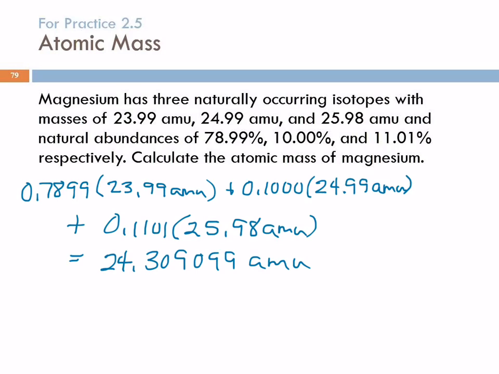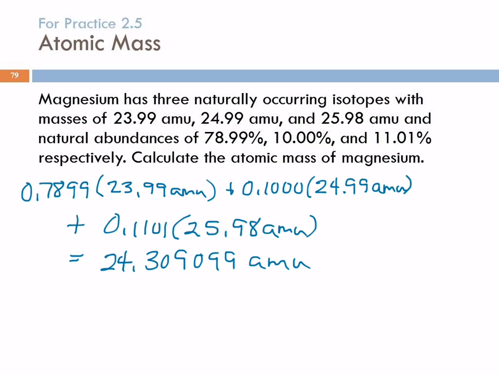This is one of the places where rules of significant figures can kind of play tricks on you. I want my average to reflect the measurements that I started with. Here, my percentages have 4 significant digits, so that would suggest that I could keep 4 here. My masses have 2 decimal places, and so that suggests to me that it would be reasonable to keep 2 decimal places.